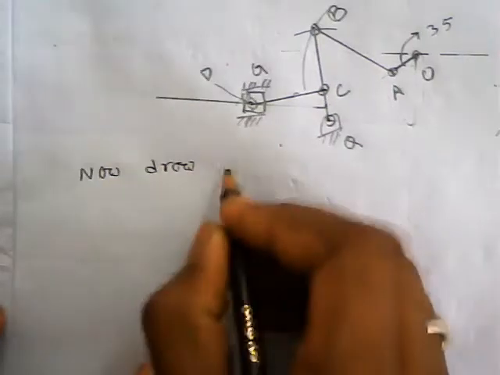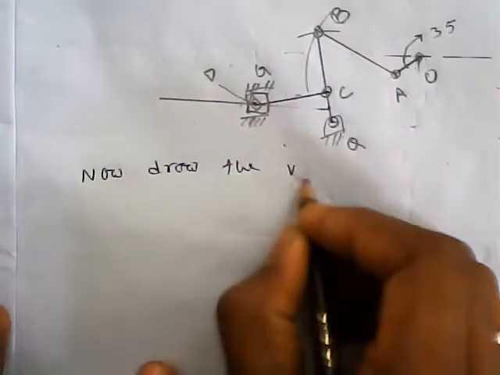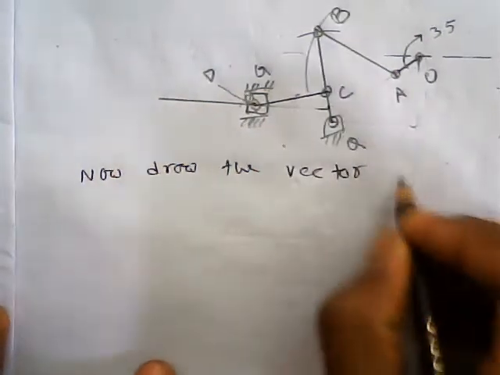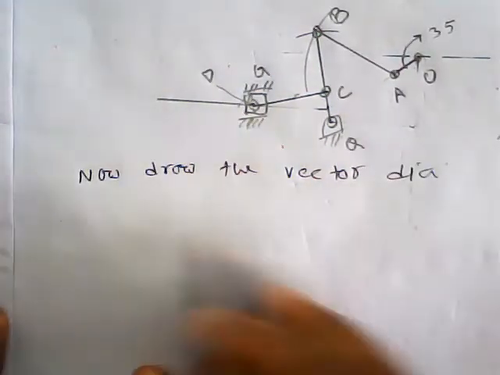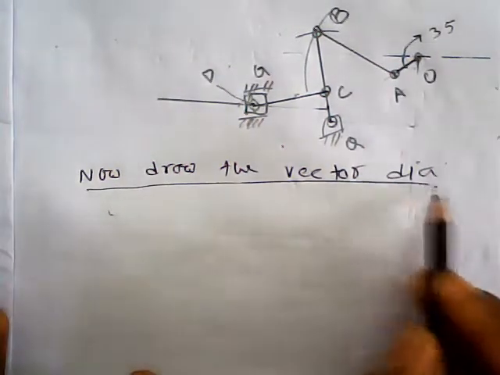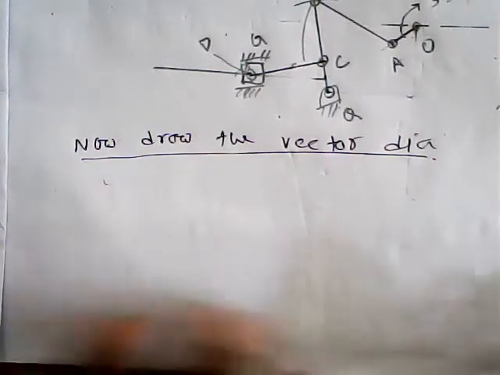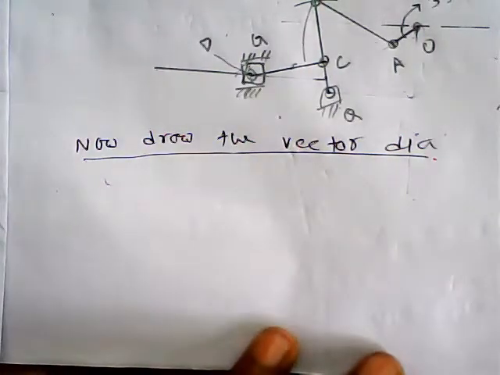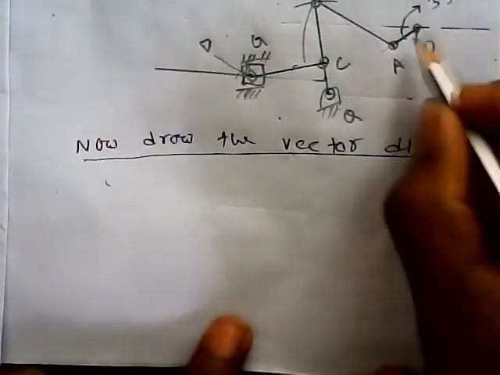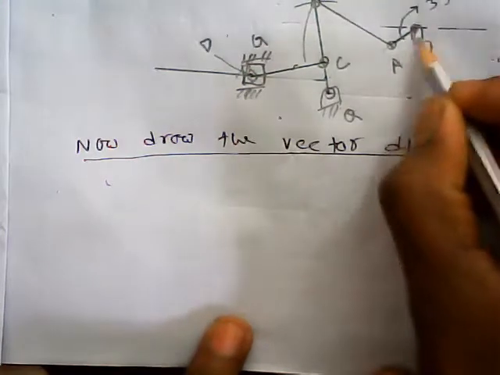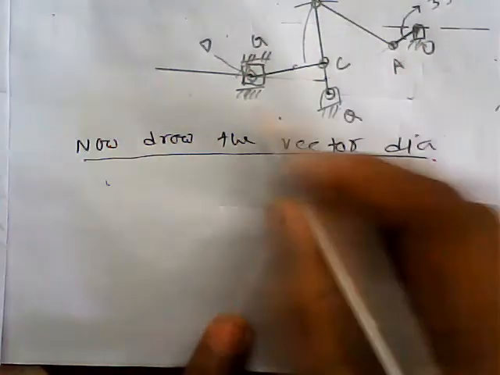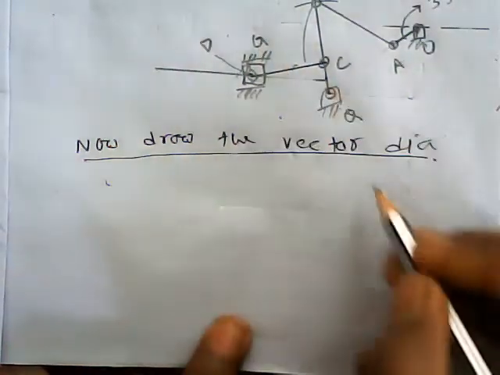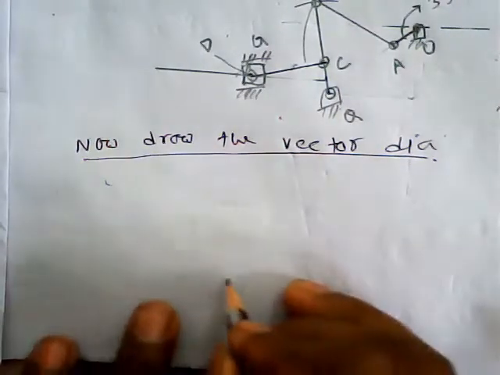Now draw the velocity diagram. After finishing the configuration diagram, draw the velocity diagram. O, G and Q are fixed points.